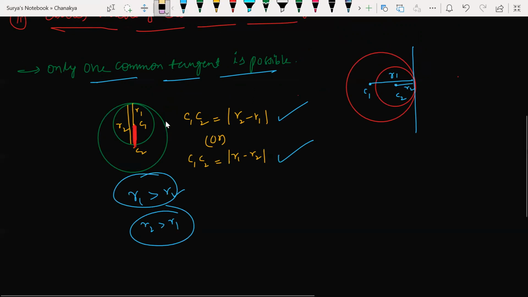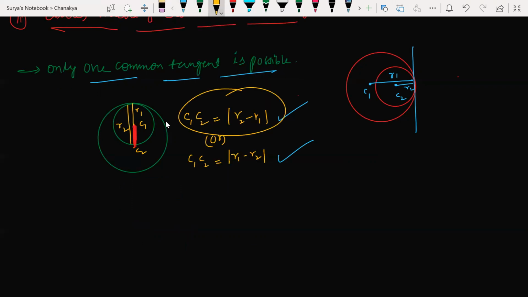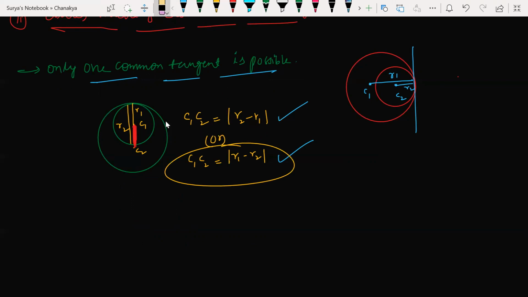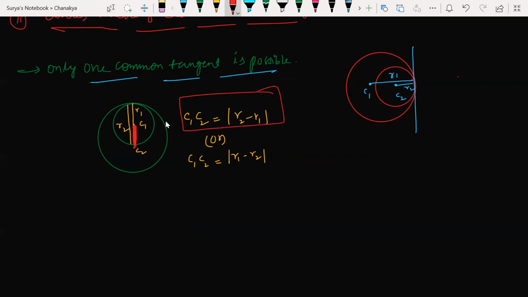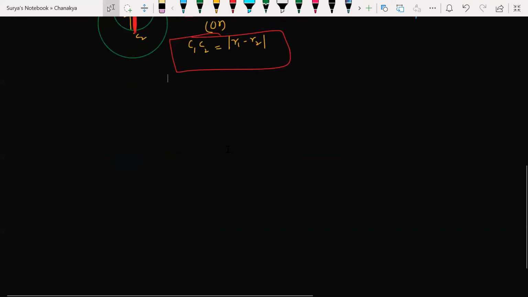I do not know which is greater, which is smaller. That is the reason I took modulus. If I take modulus, whatever it is, it will give you the exact answer, either this or this. So this is the basic condition when two circles touch each other internally. Be careful. Next we'll talk about the next statement.